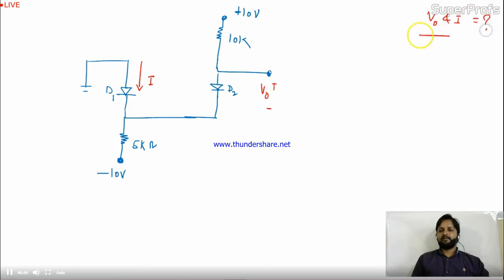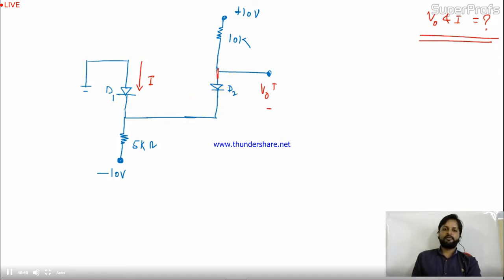Now friends, directly you can't say whether D1 and D2 are working in forward bias or reverse bias. So how to solve this type of circuit? Can you tell me the D2 condition, whether it's forward bias or reverse bias?